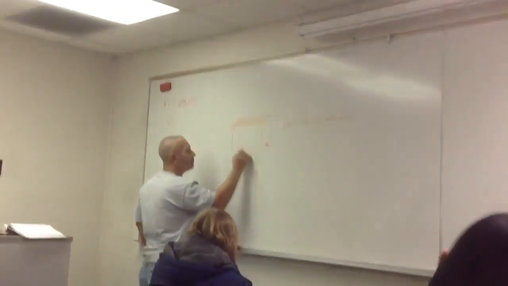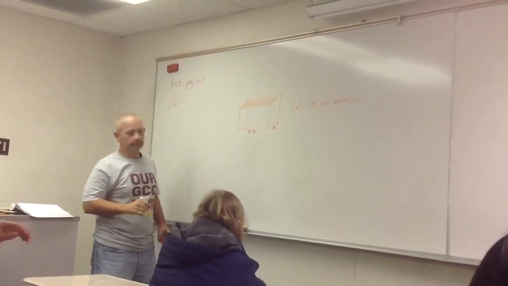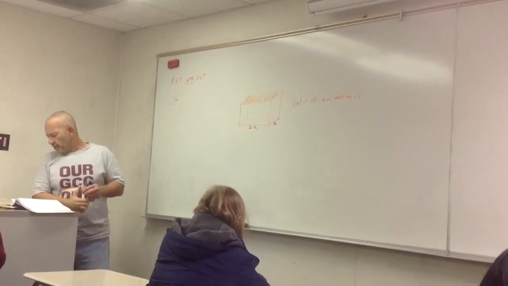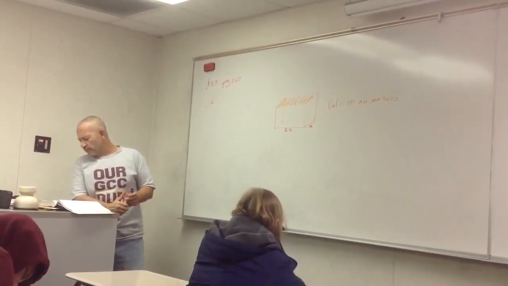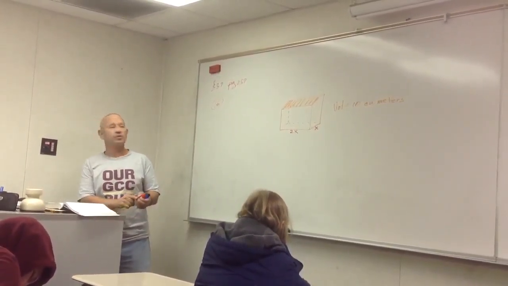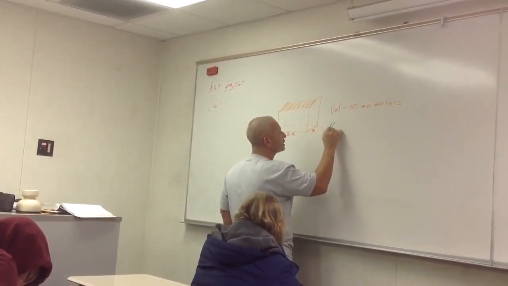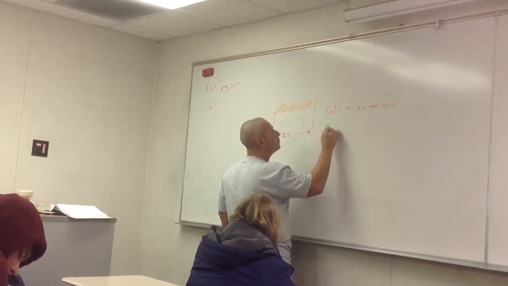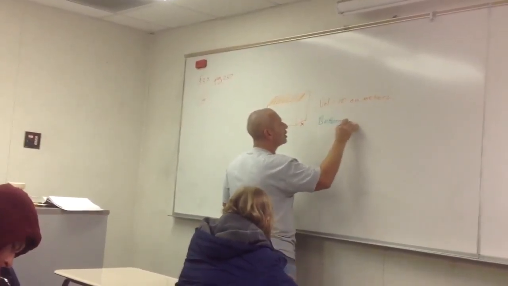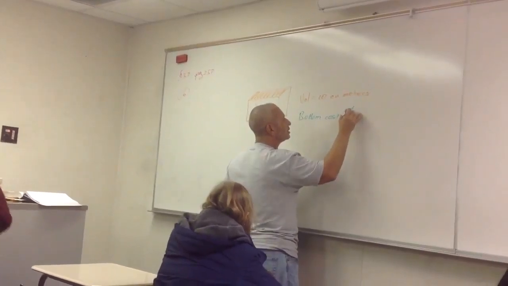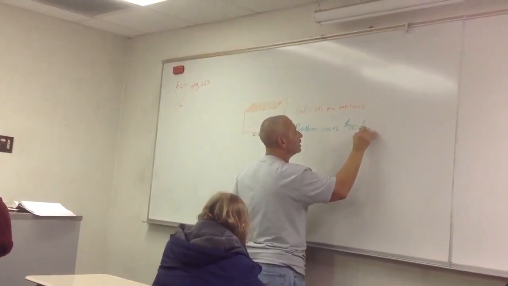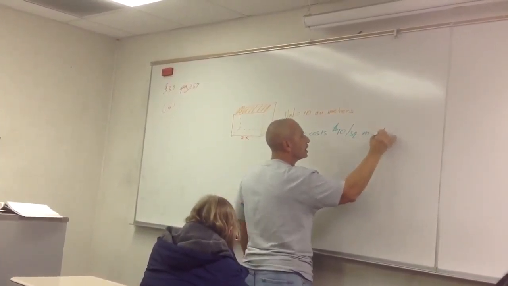Then the length of the base would be 2x. They tell me that material for the bottom costs $10 per square meter. So if we're going to construct this container, the bottom costs $10 per square meter to construct.